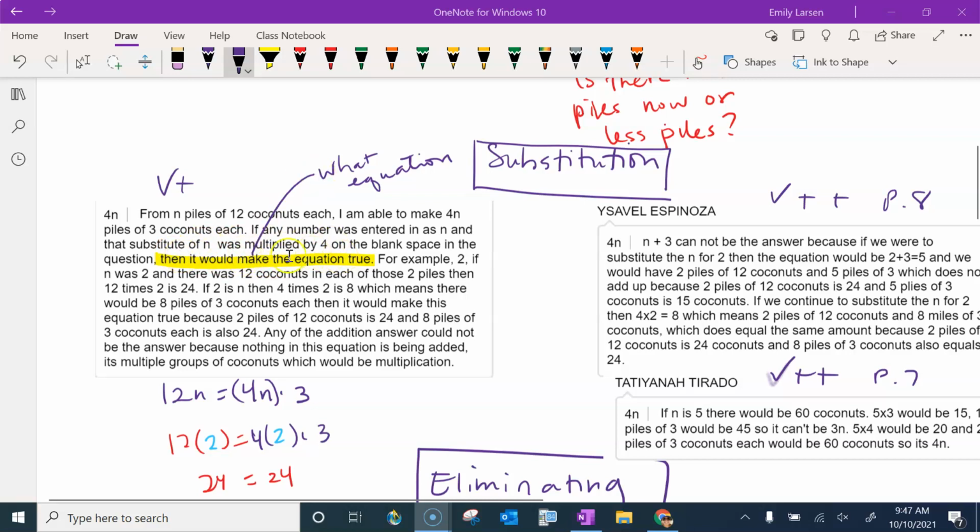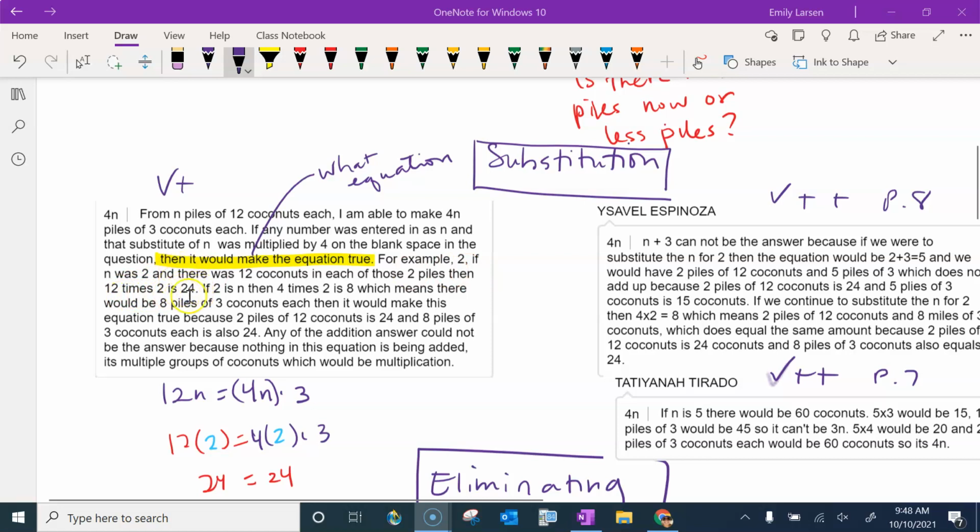So there's no equation given, so what is the equation? For example, if n was 2 and there was 12 coconuts in each of those 2 piles, then 12 times 2 is 24.